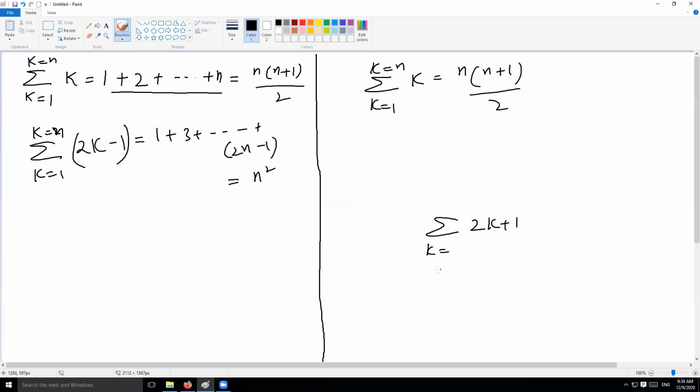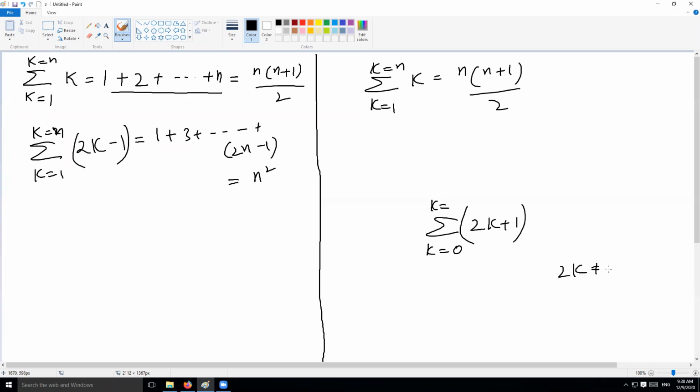So you have to start from 0 and you have to end somewhere, so that the last term becomes 2n minus 1.